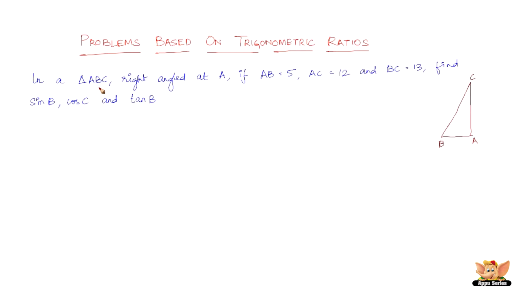Now in this triangle ABC, which is right angled at A, AB equals 5, AC is 12 and BC is 13.